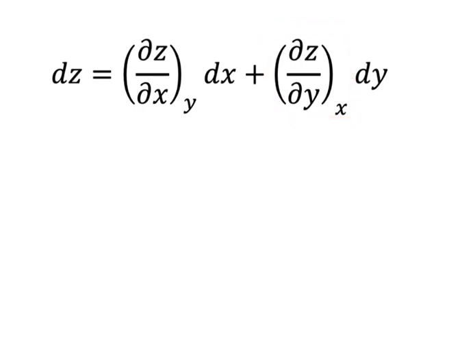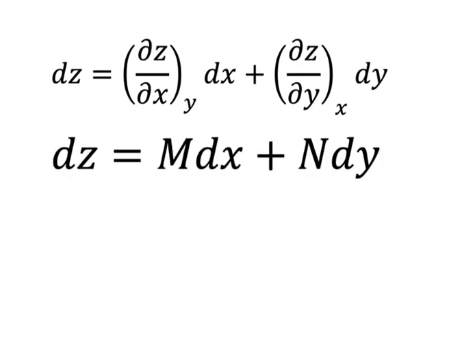This can be expressed alternatively as dz = M dx + N dy. Here the coefficient M is the partial derivative of z with respect to x, the variable y being held constant. Similarly, N is the partial derivative of z with respect to y, the variable x being held constant.